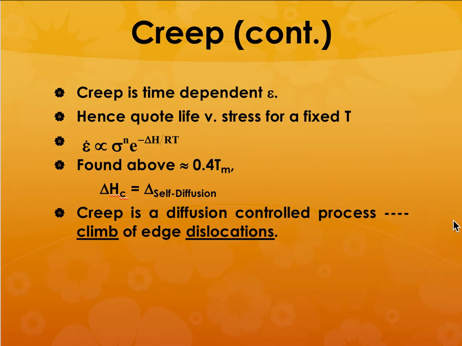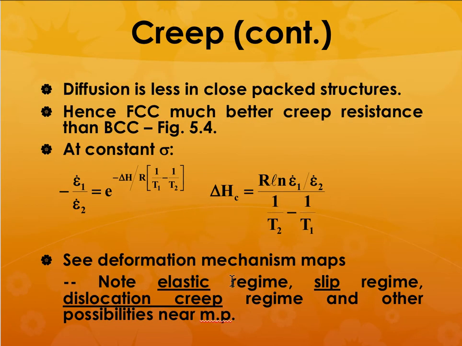And again, it is a diffusion controlled process. So these dislocations will start climbing. They are not just moving in one plane alone. They also go and activate themselves in the different planes. So they can climb, or they can also move because of the temperature conditions.